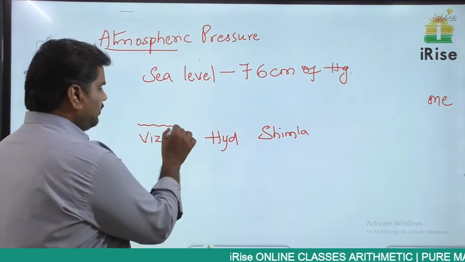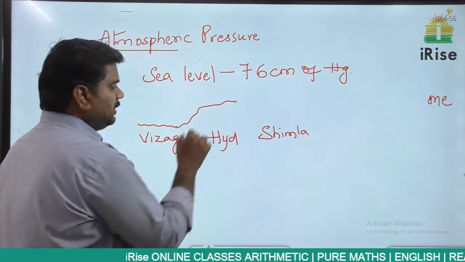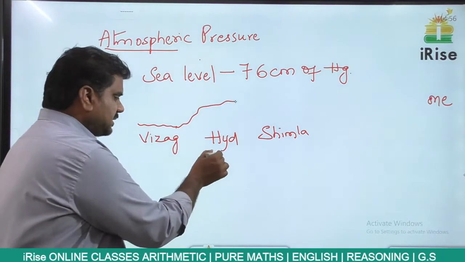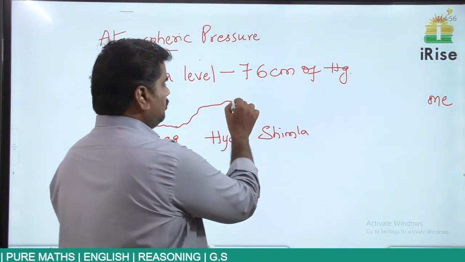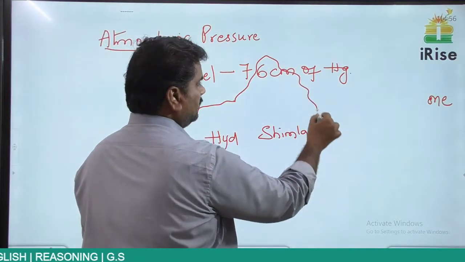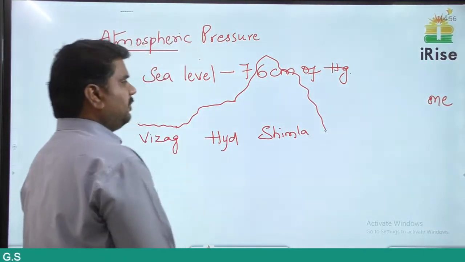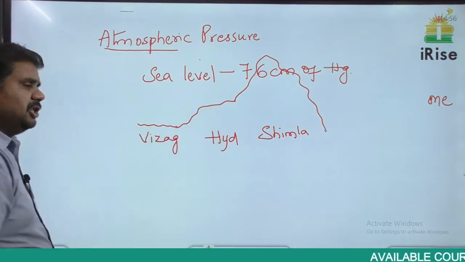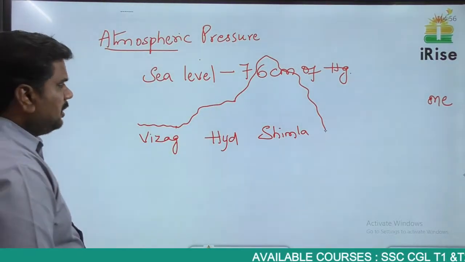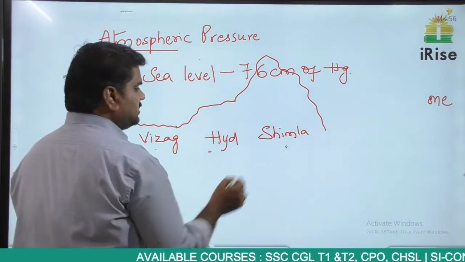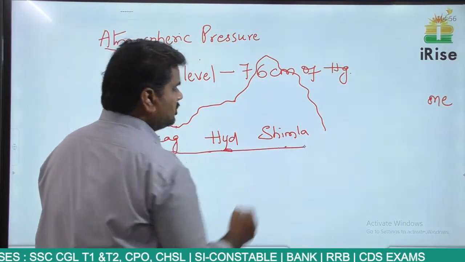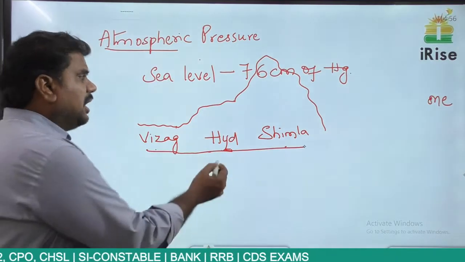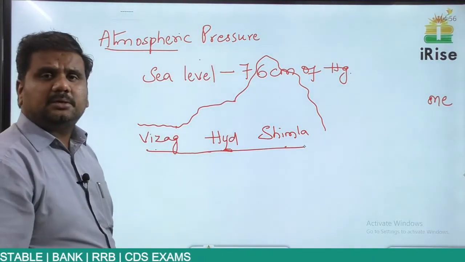The moment you come from Vizag to Hyderabad, you are moving up to a plateau region. Hyderabad is basically a plateau region, the Deccan Plateau. At the same time, the moment you move from Hyderabad to Shimla, Shimla is a hilly region. So in that case, the height of a place is continuously increasing when you move from Vizag to Hyderabad to Shimla.